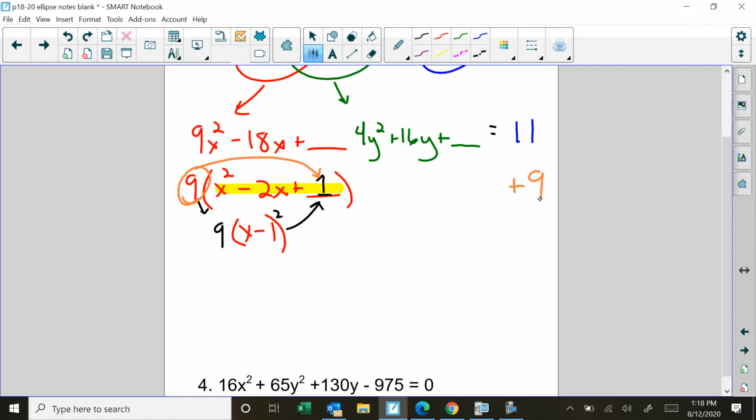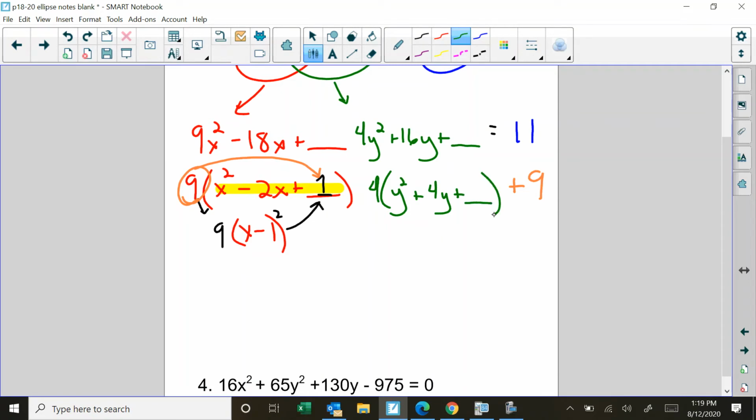So we jump into the green. Our 4 leading coefficient here has got to be removed from the problem. We've got to factor that out. So we have 4 parentheses y squared plus 4y plus blank.